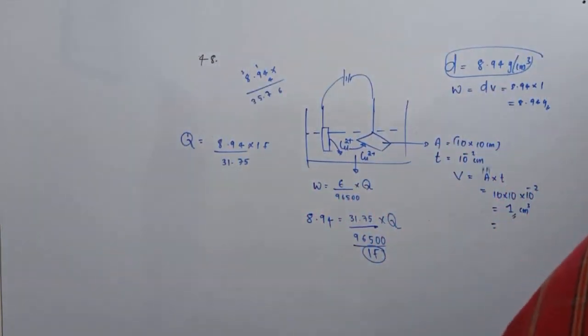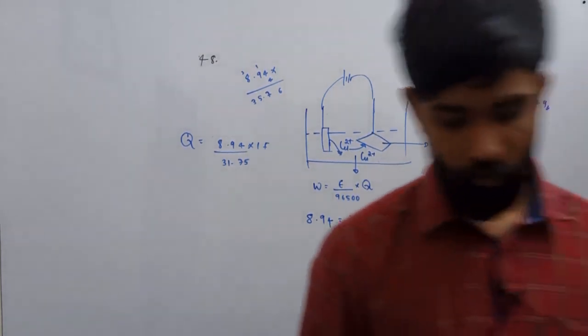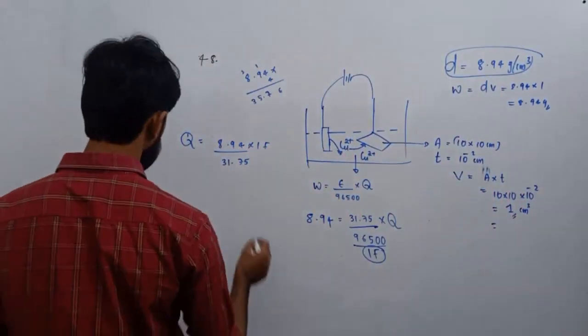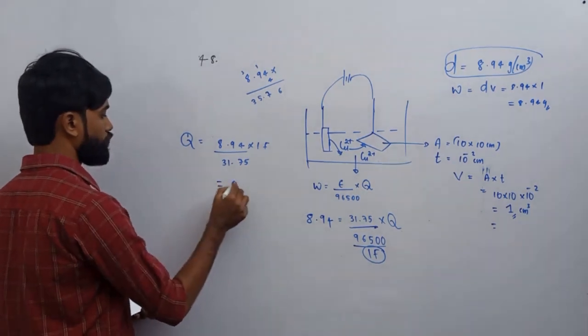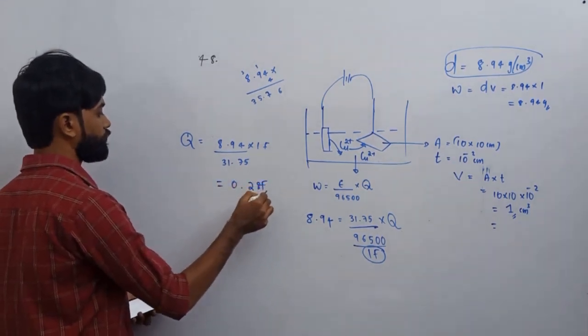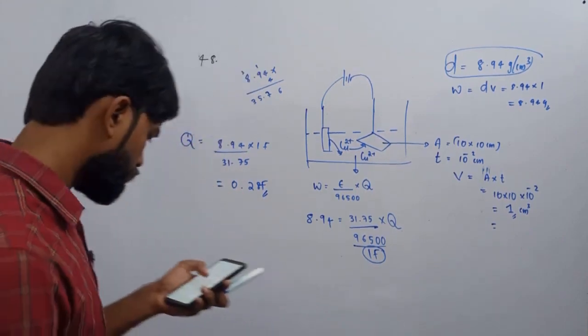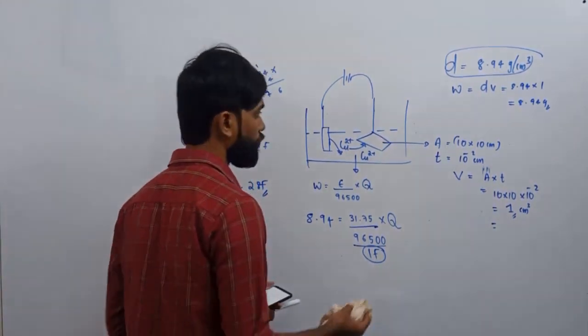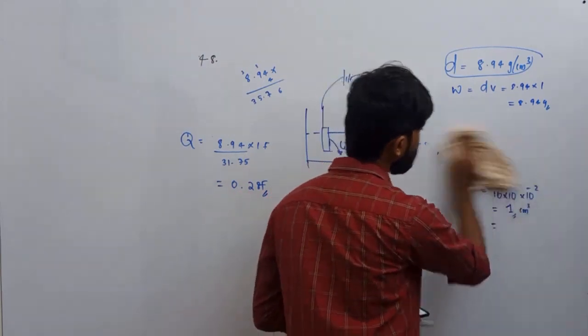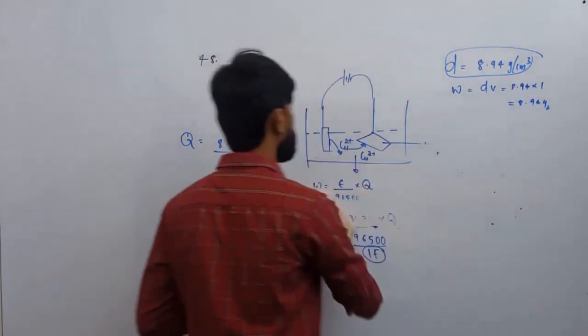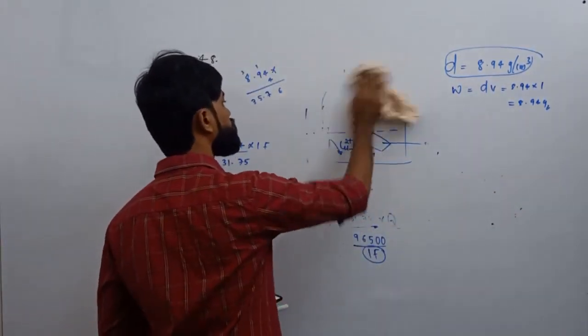Let's check whether it is 0.28 or not. Question number 51. Yeah, this is correct. So there is a rough approximation. 0.28 farad will be the answer. The concept is clear, but actually I think the choice is 0.3 something. It is not given, and they have given 0.28.